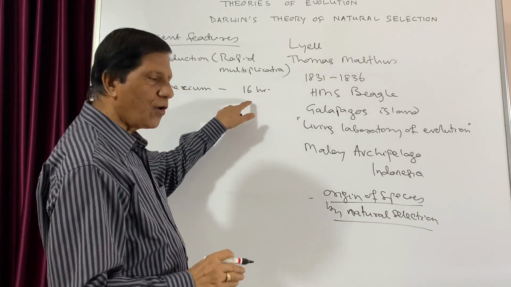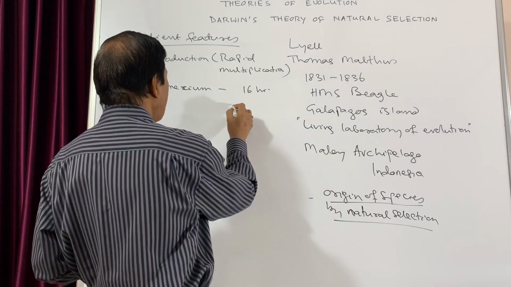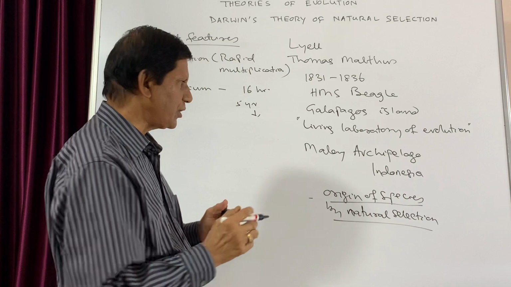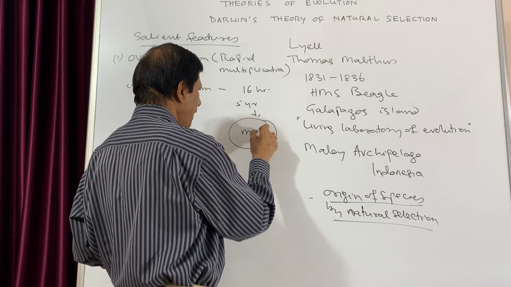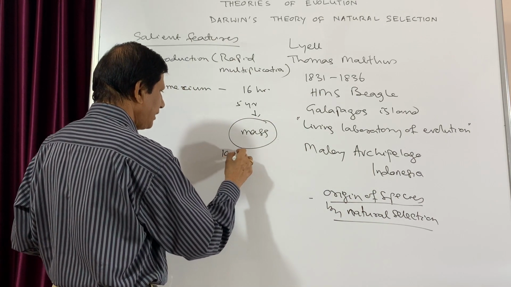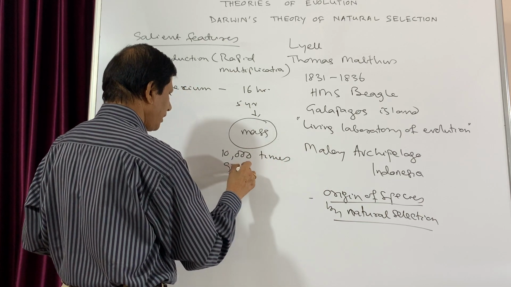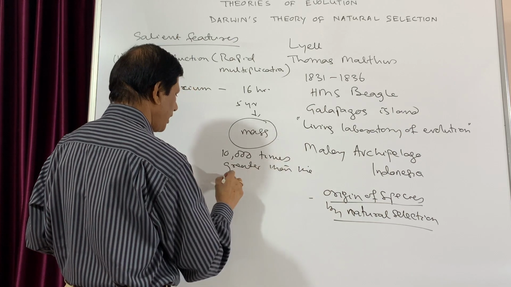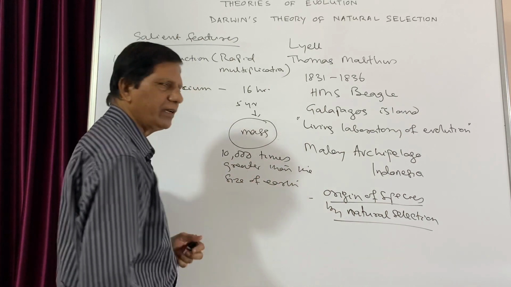Now, if all the offspring survive, then in 5 years paramecium will produce such a huge mass which will be 10,000 times greater than the size of the Earth. So from this you can imagine what the number will be.